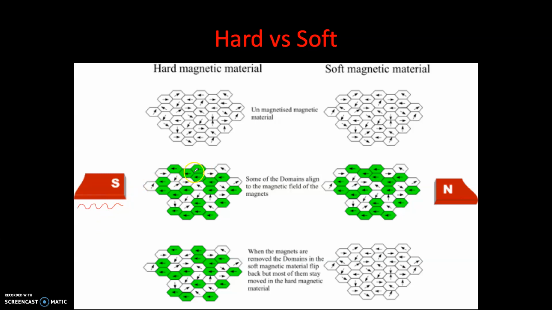And it can force at least some of the domains to face the same way, to face the same direction. It can force them to align. When you take away the magnet, a hard magnetic substance, a hard iron, the domains will stay aligned.